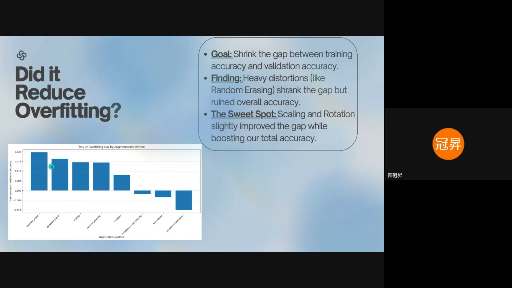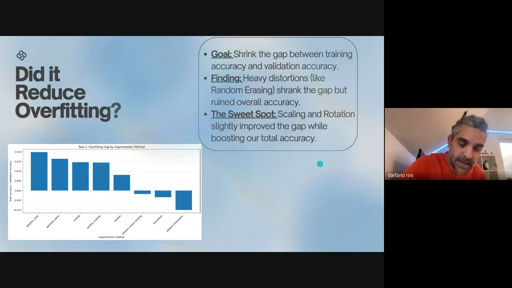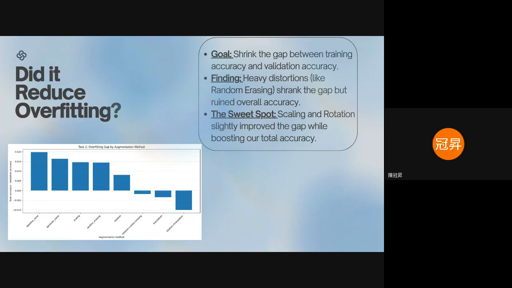I think it's the positive one. So you're telling me that the baseline is the one where there is the most or the least overfitting? The least.